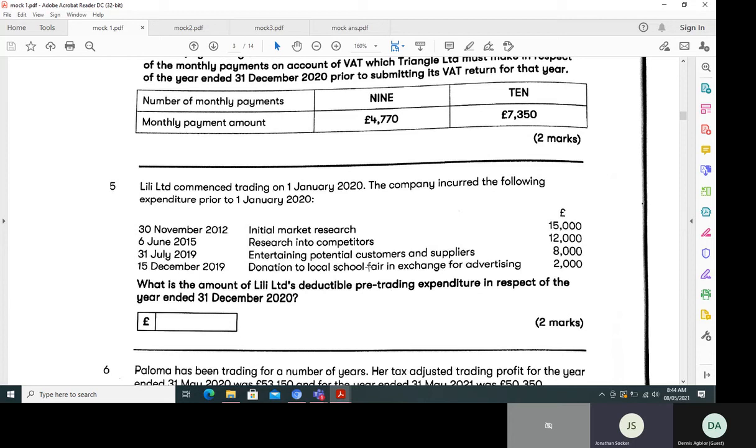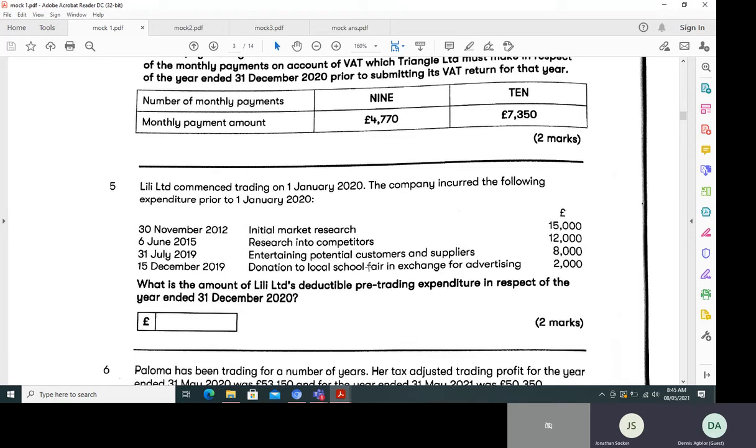Yes, so this was 2012 and we commenced trade. In any case, we should look at expenditures from January 2013.